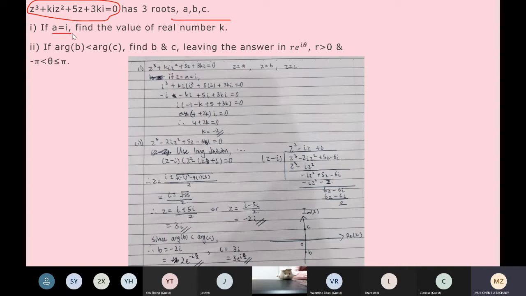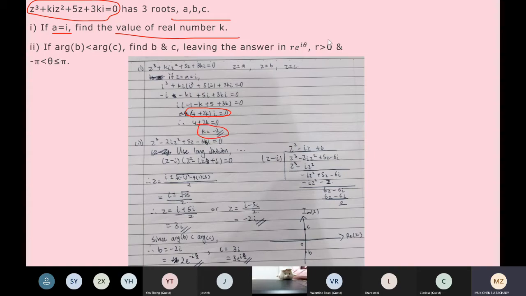Now they give you a equals i, and they ask you to find the real number k. Very quickly, you sub a equals i into the equation, reduce it down to this, and then do your comparing coefficients. So 4 plus 2k equals 0, and you get k equals -2.